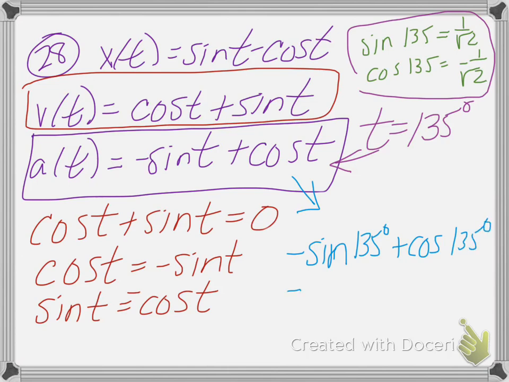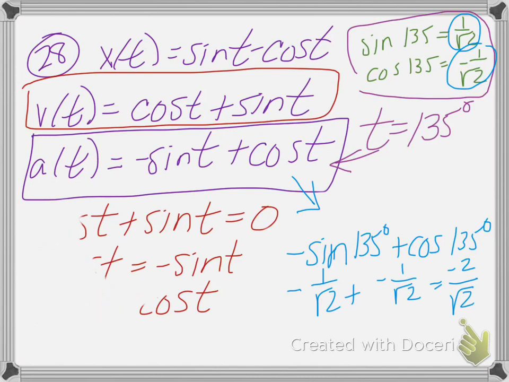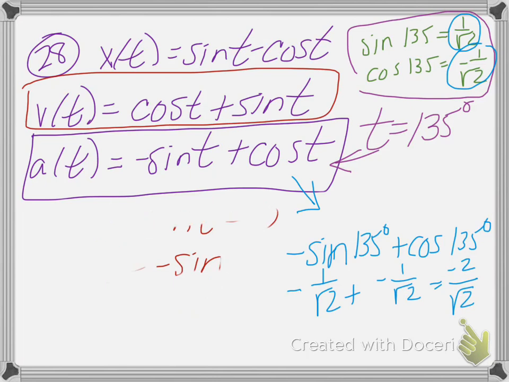Sine of 135 is right here, 1 over radical 2, plus cosine of 135 is right here, negative 1 over radical 2. So a negative 1 over radical 2 and a negative 1 over radical 2 gives me a negative 2 over radical 2. And of course, that's not an answer because you're being asked to rationalize that denominator.